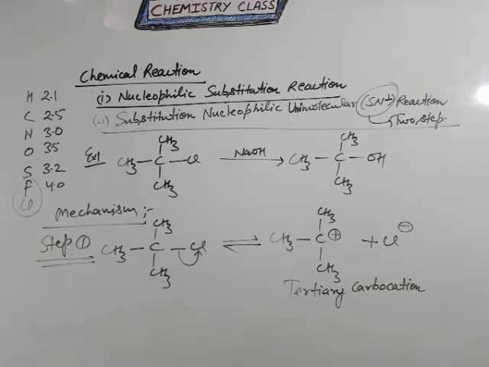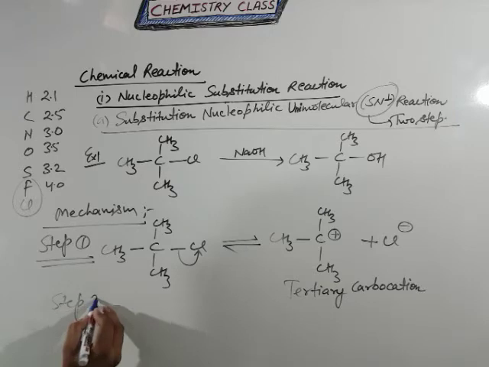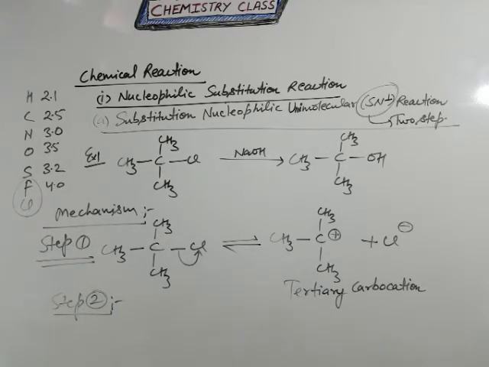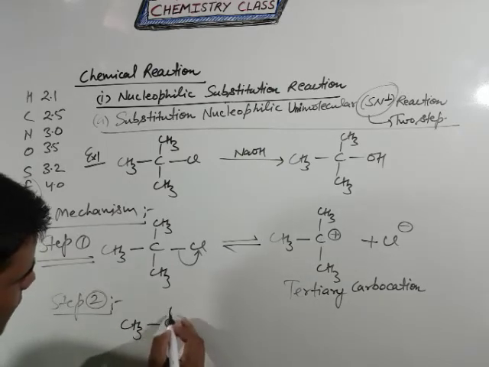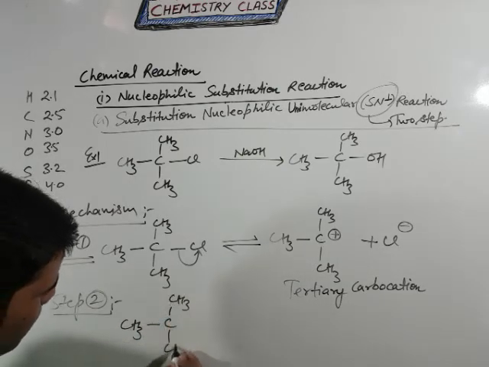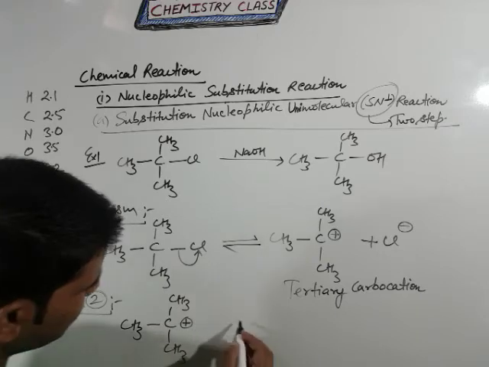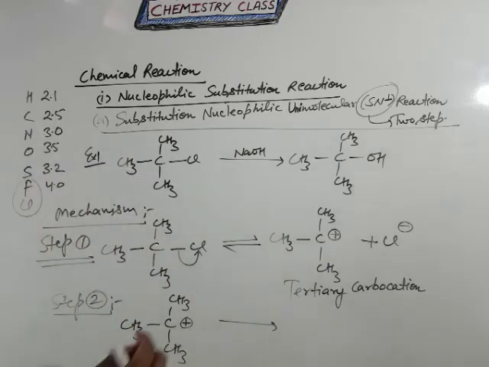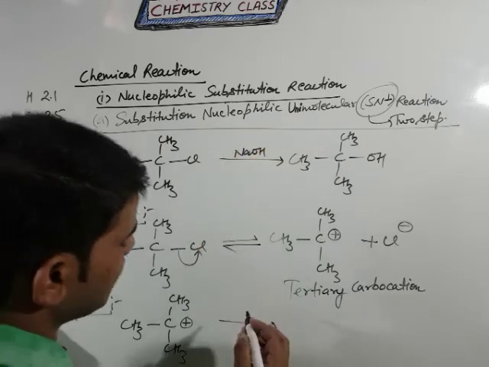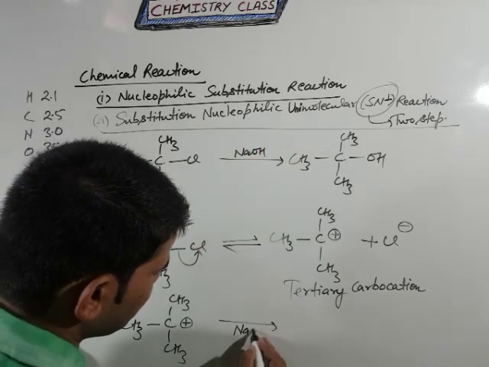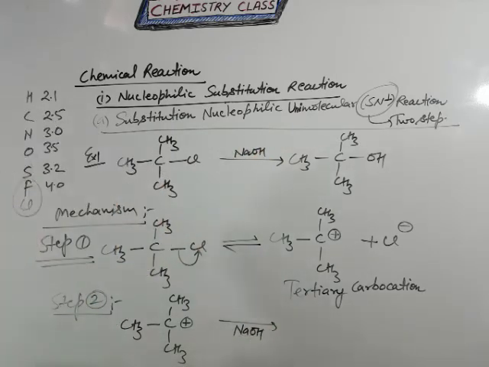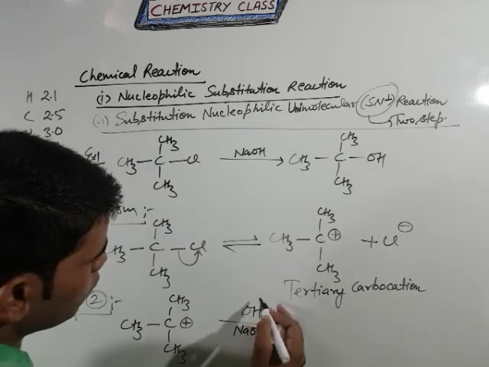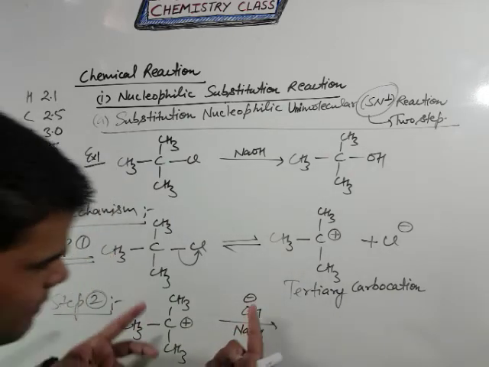Now come to the second one, step 2. In step 2, first you write the carbocation, and after that you write the main reactant. The main reactant here is the base, NaOH, which means OH negative as a nucleophile.